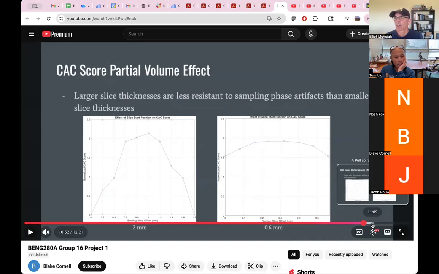Yeah. And one of the things I'm not sure if you guys did, I can't remember, is if you have a small piece of calcium and you have a slice like this, and that calcium can move from one side of the slice to the other, you'll still detect it and it won't change the Hounsfield unit in that pixel, right? But it'll be a lot lower, right? So there's a size under which it just goes below, say 130 if that's your cutoff.